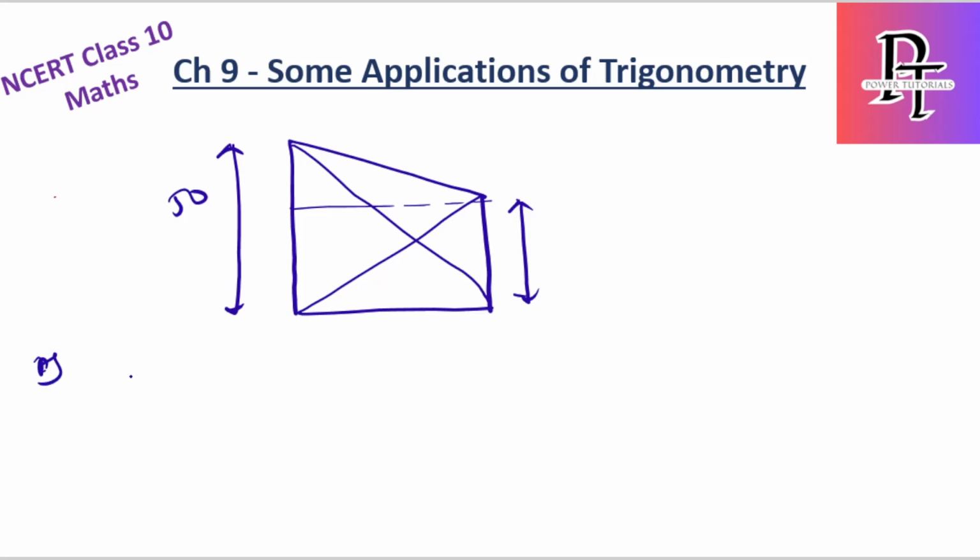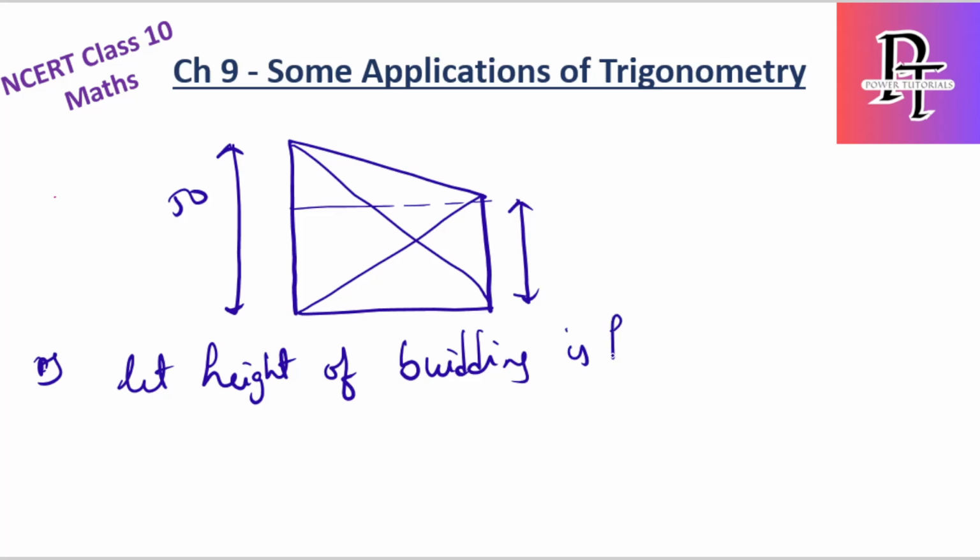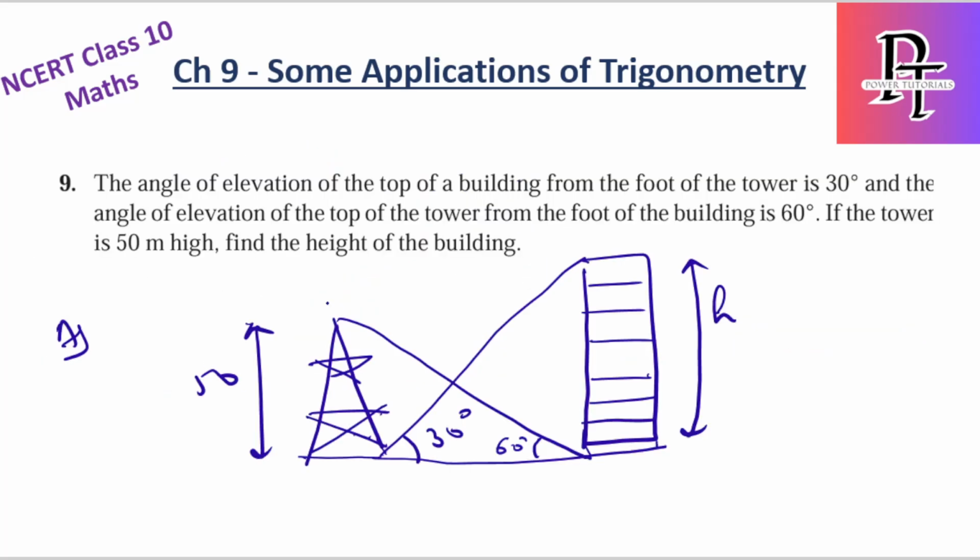So as a starting point we have to assume that the height of the building is h. So this is h, and suppose the distance between them is d meters. So this is d. Okay, what angles are provided?